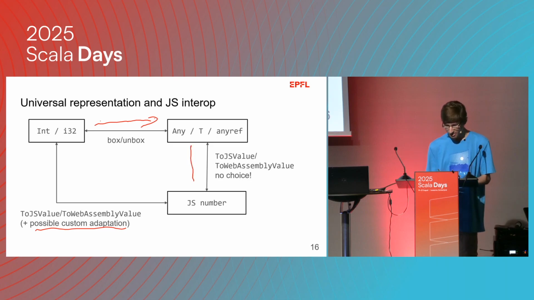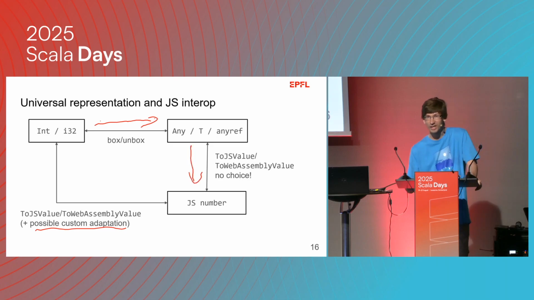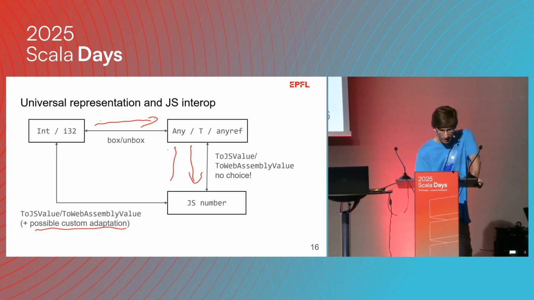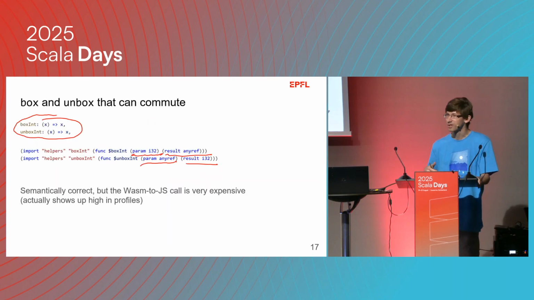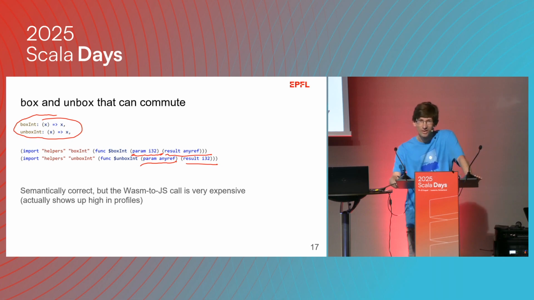And then the WebAssembly interface will turn that JS number inside an anyref into a JS number, and I get my JS number. And if I need to unbox, I go the other way around. So this time I take an anyref as an argument, and I return an I32. Okay? So this works. It has the right semantics. It's atrociously slow.